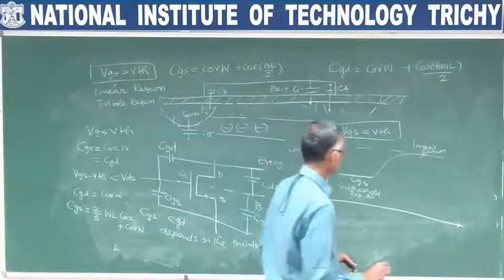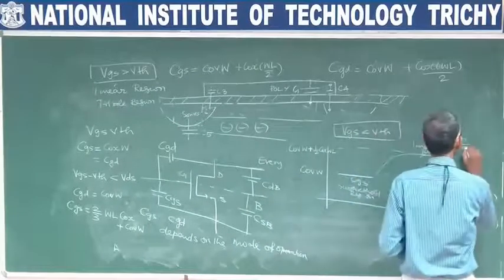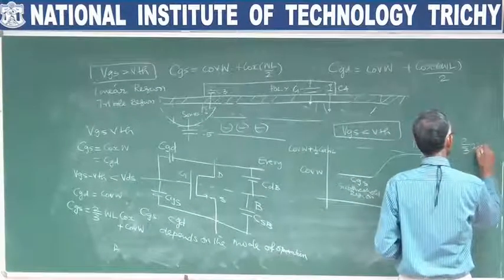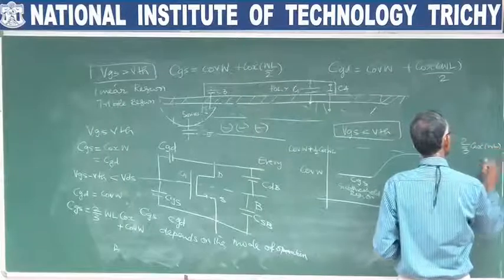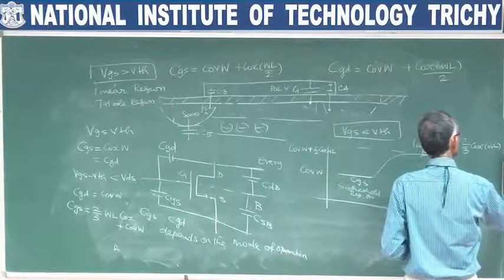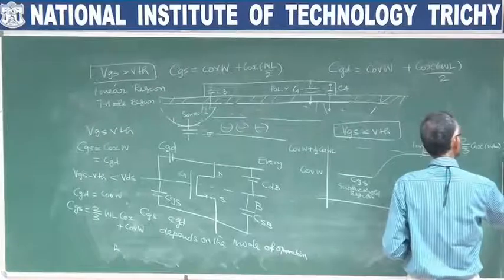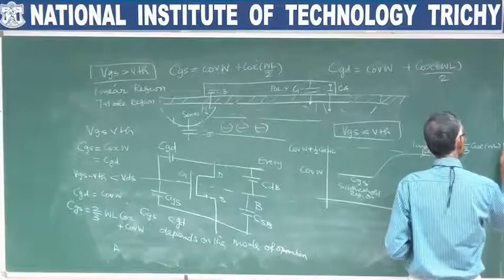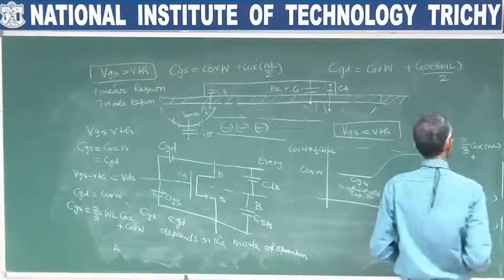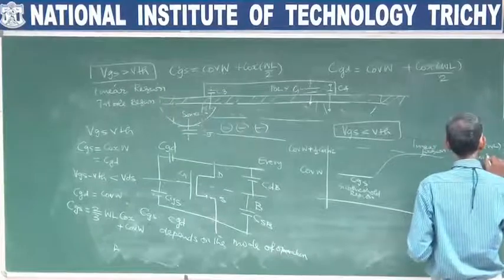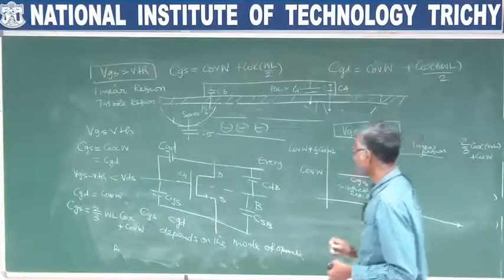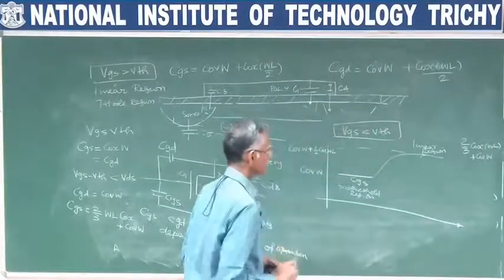Becomes 2/3 COX into WL plus COV into W in the saturation region.